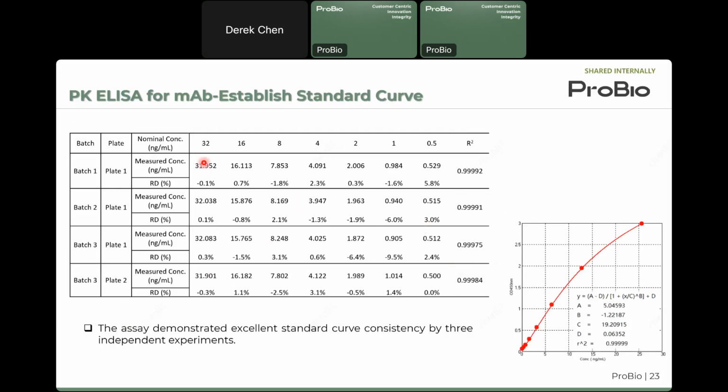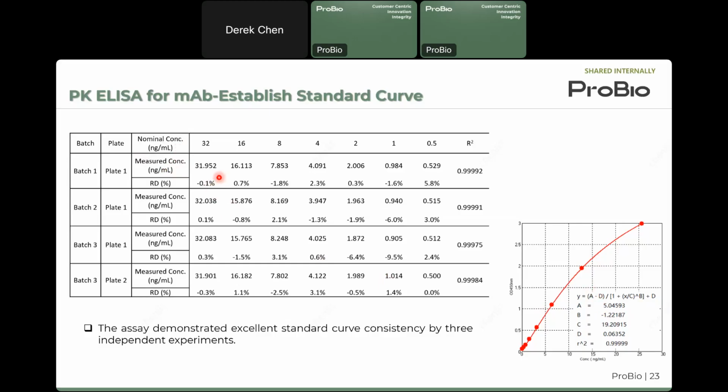By doing the spike recovery test, this sandwich ELISA PK assay format demonstrated excellent standard curve consistency between 3 independent experiments. In this test, we are comparing the nominal concentration, which is the actual drug concentration added in the samples, versus the measured concentration, which is calculated with the standard curves.